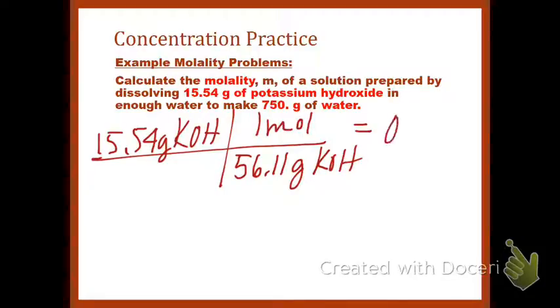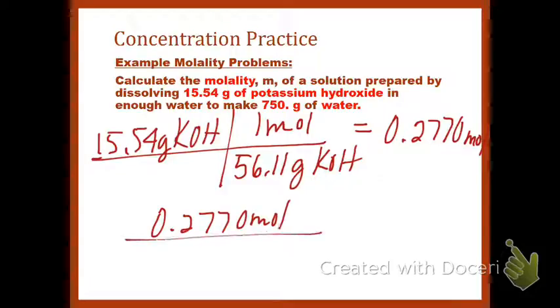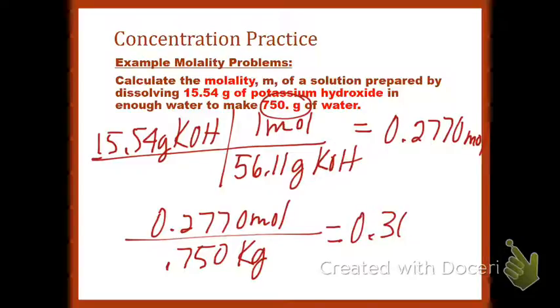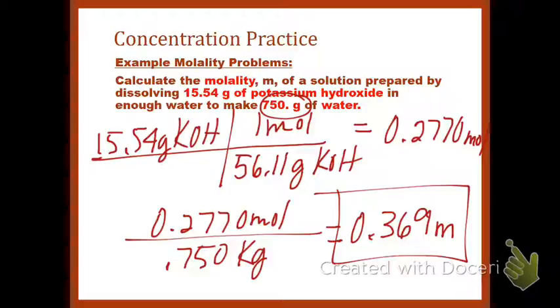So that gives us 0.2770 moles. And then I'm going to divide that by the kilograms of solvent. If I have 750 grams of water, there's 1,000 grams in a kilogram, so divide by 1,000, so you get 0.75 kilograms. And then your molality is 0.369 little m. So pretty much the same concept, it's just something different on the bottom.